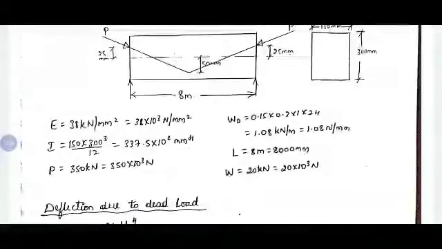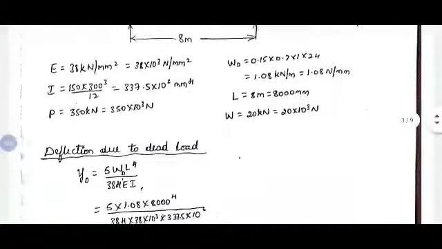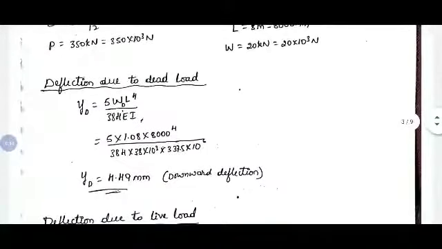Remember, it is concentrated load. Now first let us calculate deflection due to dead load. So dead load is uniformly distributed load, UDL. For UDL we are having a formula, YD equals 5WL power 4 by 384 EI. On substituting the values we will get deflection due to dead load as 4.49 mm.